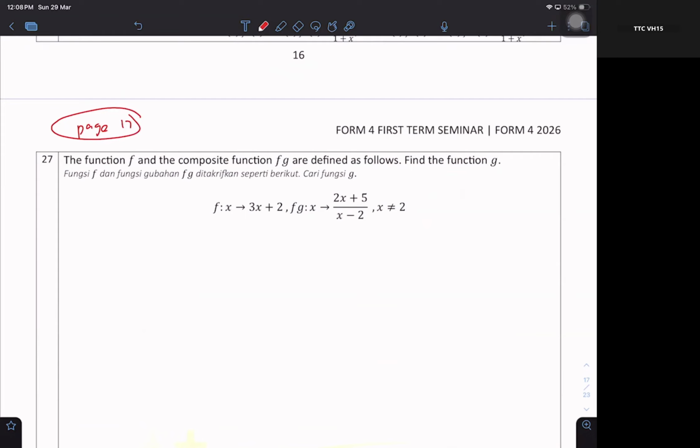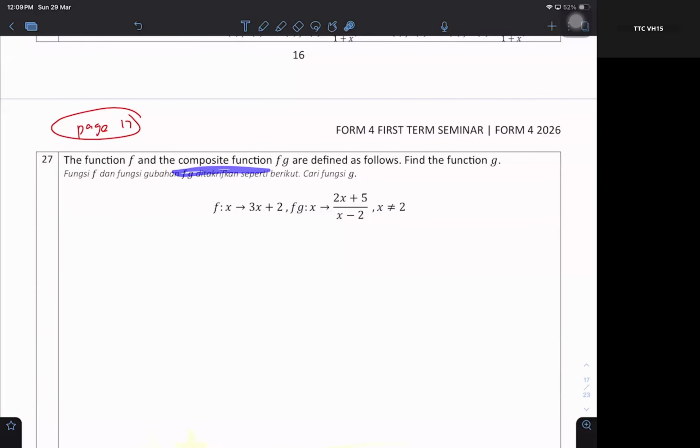Okay, last page 17. Can you see what question this is? What topic is this? A composite function, yes.